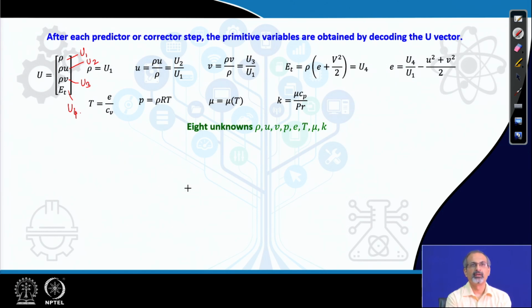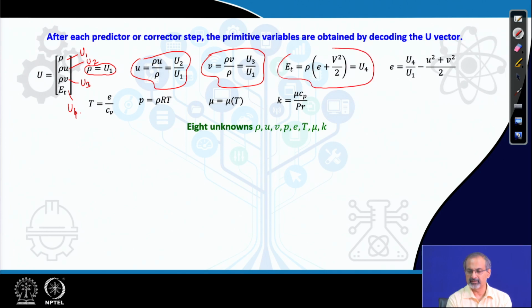So density is u1, velocity along the x direction is u2 by u1, along the y direction is u3 by u1, and the total energy Et can be set as u4.